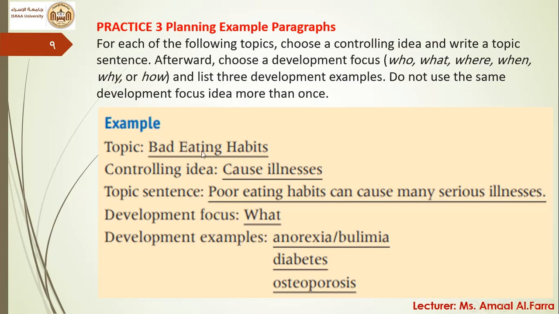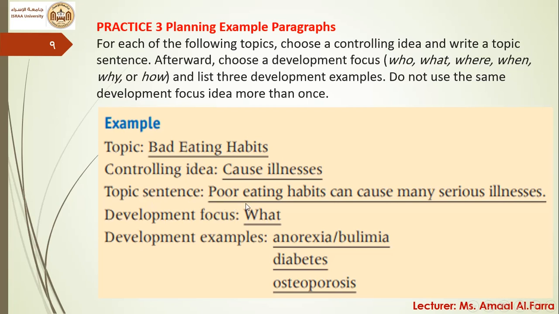The topic is bad eating habits. This is the topic, the subject. Controlling idea: cause illnesses. And please pay attention to how you can write your outline. When you write your outline, as I checked many paragraphs, some of the students still cannot know what is the topic, what is the controlling idea, how to connect them together and write the topic sentence.